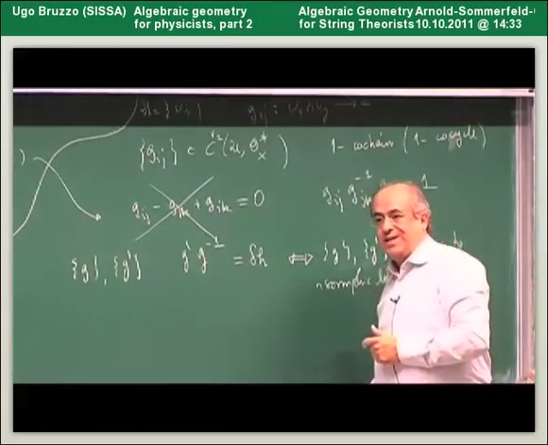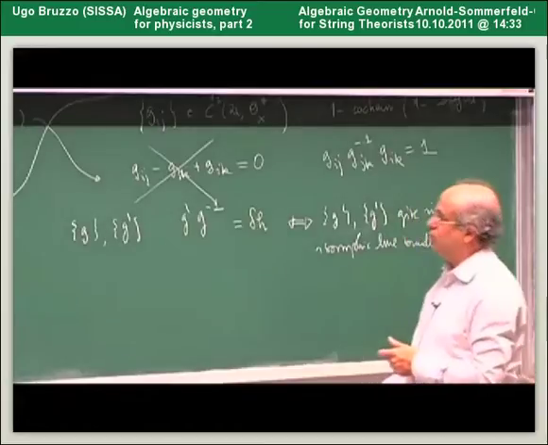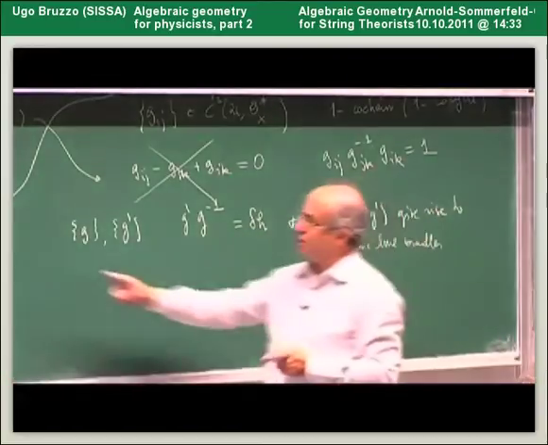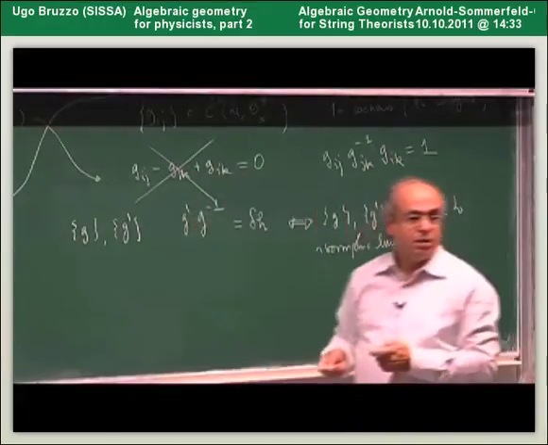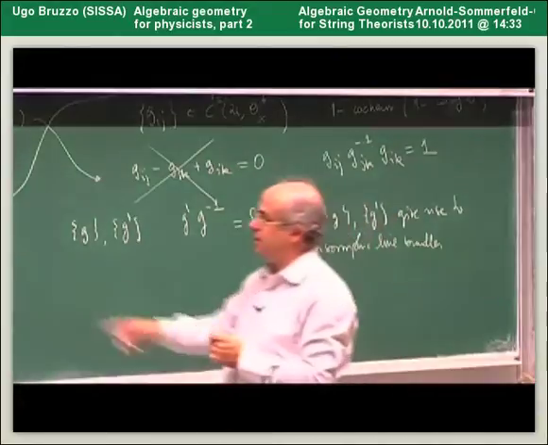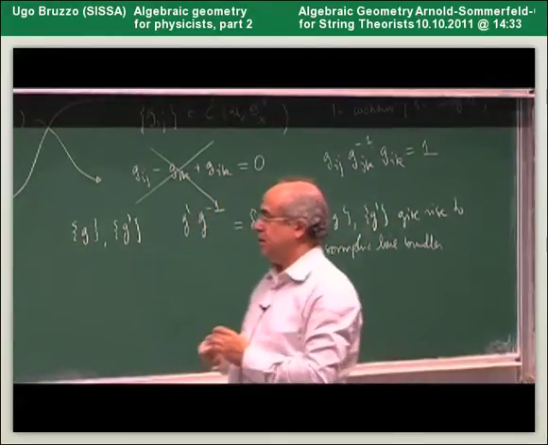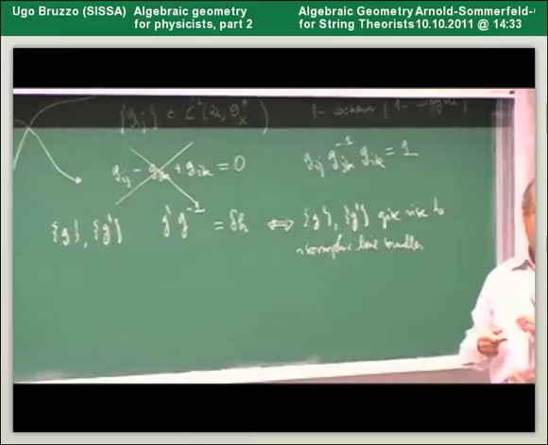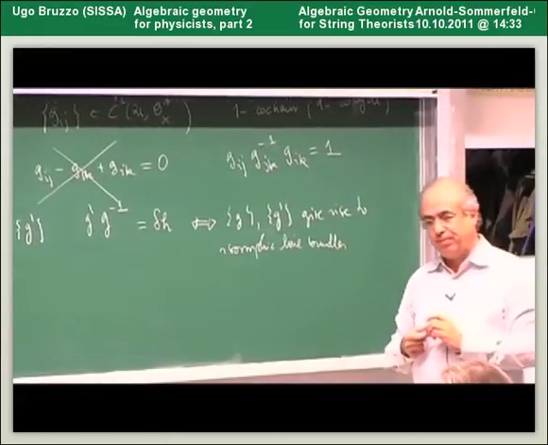Okay, so not only a line bundle corresponds to a cocycle in this cohomology and therefore to a cohomology class, but the relation is one-to-one. So there is a one-to-one correspondence between the classes in this cohomology group and isomorphism classes of line bundles.